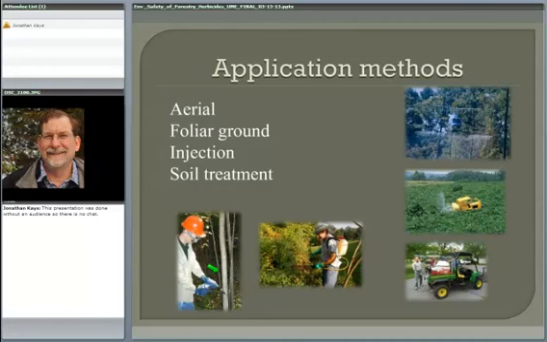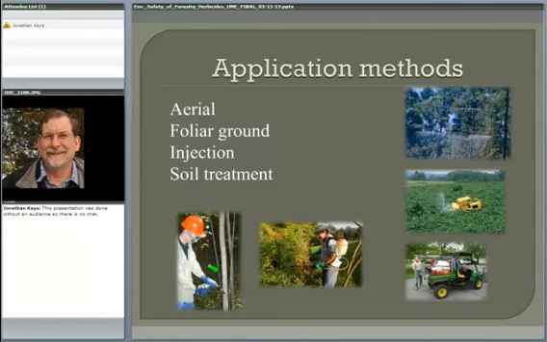So there's different types of application methods, and the point here, and there's also soil treatment, where some materials, Velpar is one of them, you put on the soil and it's taken up by the tree. The whole point here is that when you have a choice of application method, you want to choose the one that's more localized.